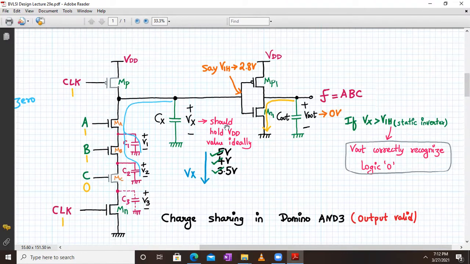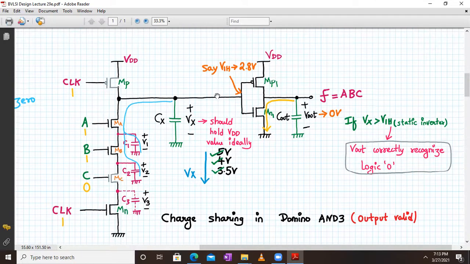So let's say that this voltage is dropping down in time from 5 volts. It goes to 4 volts and 3.5. Let's say the VIH of this inverter is 2.8. As long as Vx is greater than the VIH, this CMOS inverter will correctly interpret this as a logic 1. So Vx will be correctly interpreted as a logic 1 input to the CMOS inverter.